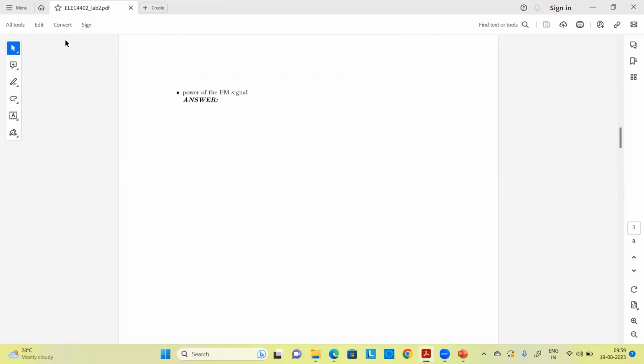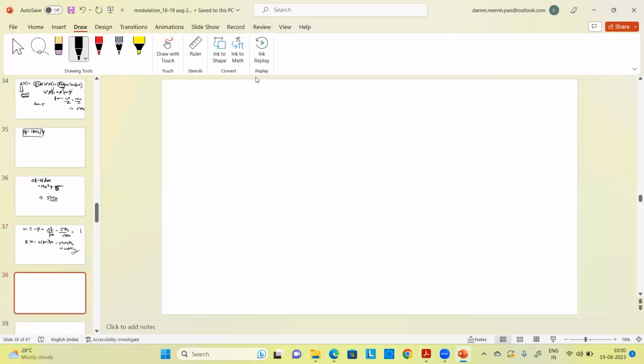The next thing is the power of the FM wave. Are you able to see this? The power of the FM wave is given as, again, the value of beta is equal to 1, not 2.41 or 5.5.